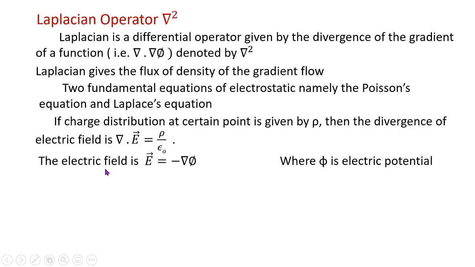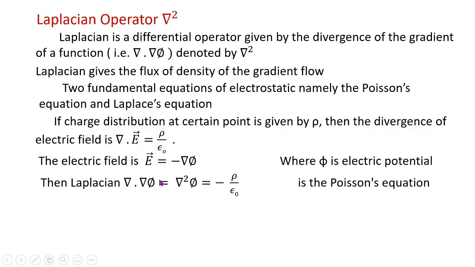As well, the expression for electric field in terms of scalar potential phi, which we have already discussed, is E bar equal to minus del phi. This del phi is a gradient, and the negative gradient of the potential is the electric field E bar, where phi is the electric potential.